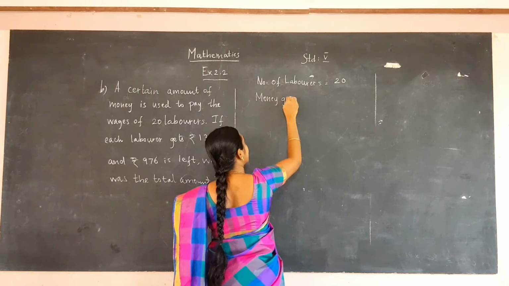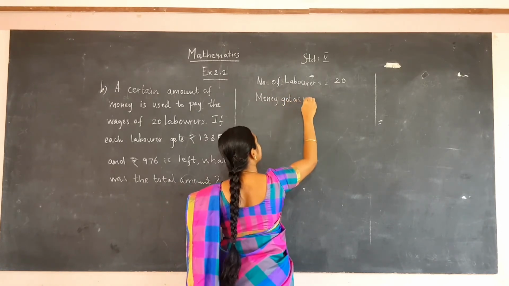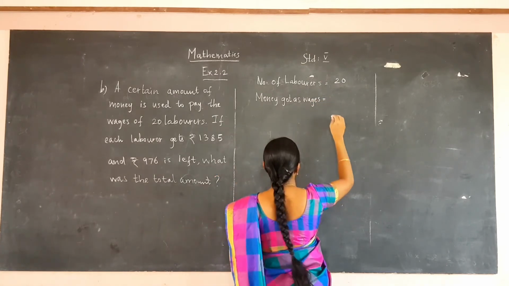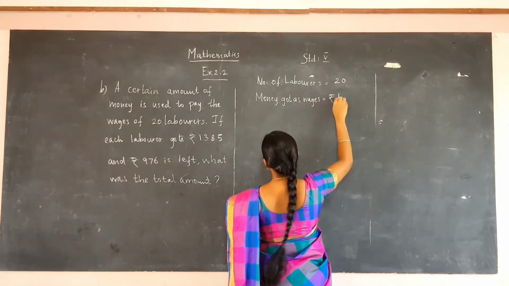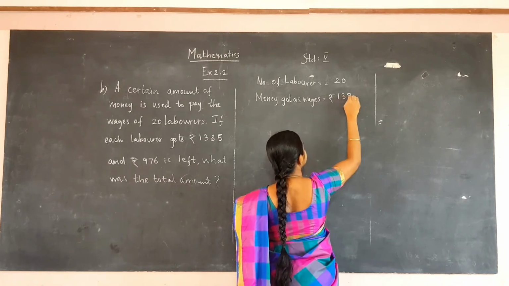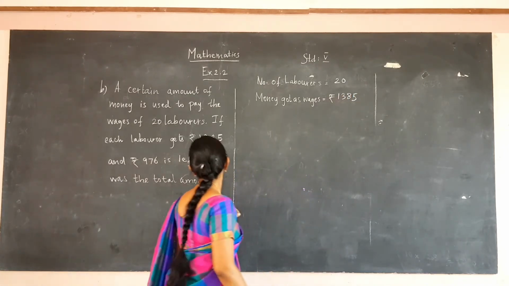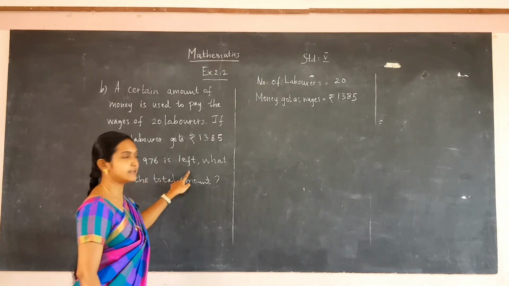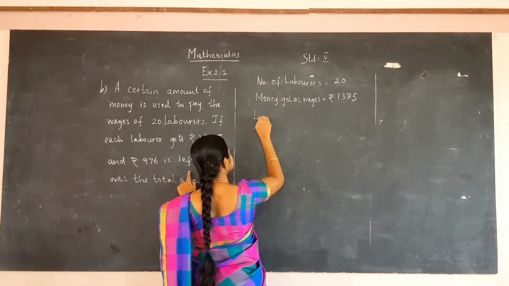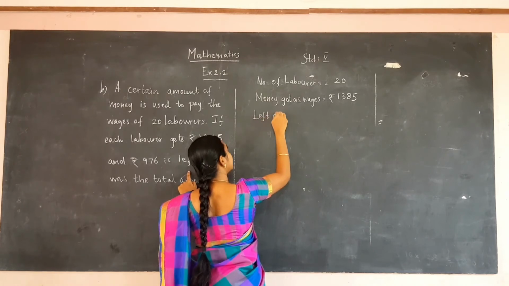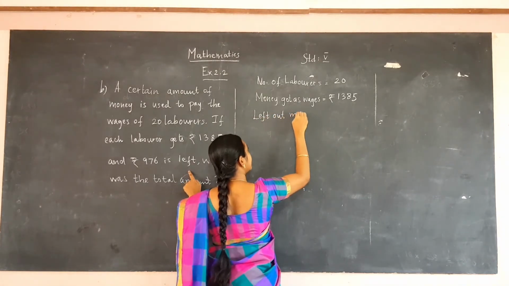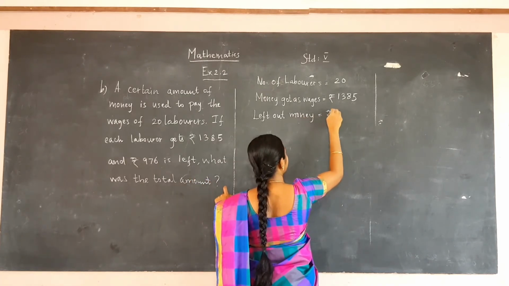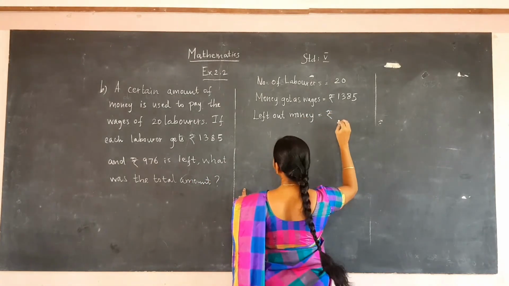Money got as wages equals rupees 1385. Rupees 976 is left, so the left out money is rupees 976.